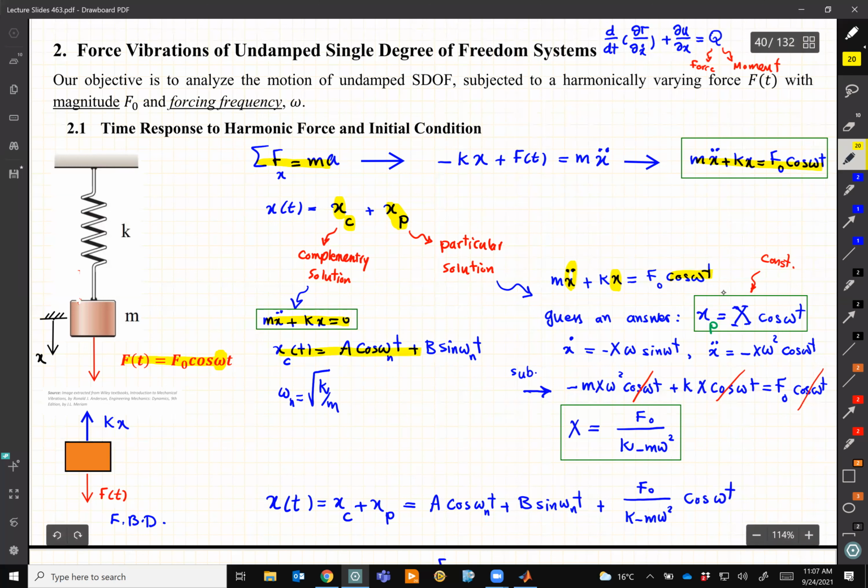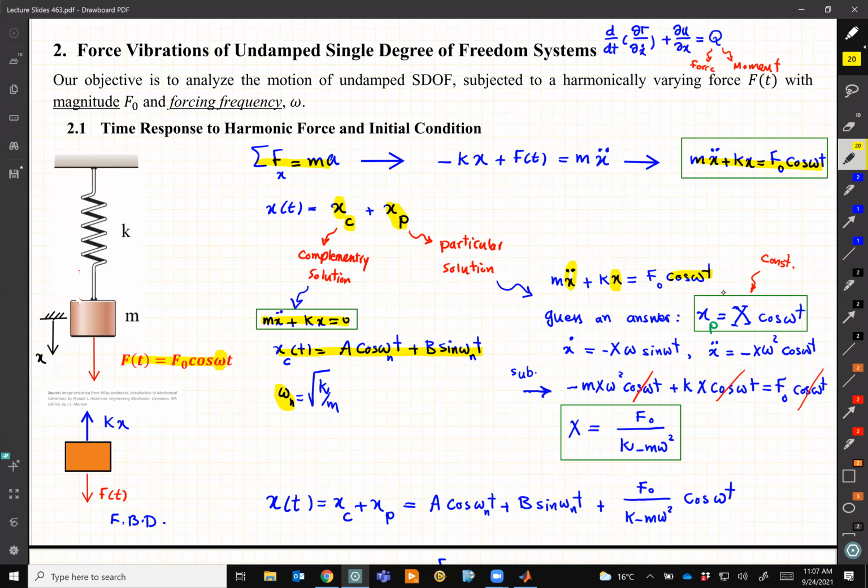This answer we previously found for this equation was in the form of a cosine omega_n t and b sine omega_n t, where omega_n is the square root of k over m. We don't have any control over this part of the equation because omega_n depends on k and m. The only things that we can control are a and b, which depend on initial conditions.